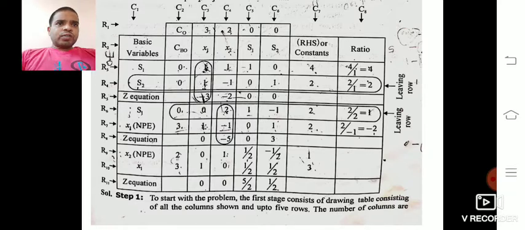Now here the element is also encircled, minus 1, RHS side is 2, 2 divided by minus 1 gives minus 2. Now we need to select, among the positive values, the minimum. We are getting only one, 1. That row we encircle, the R6 row, and we call that row the leaving row.